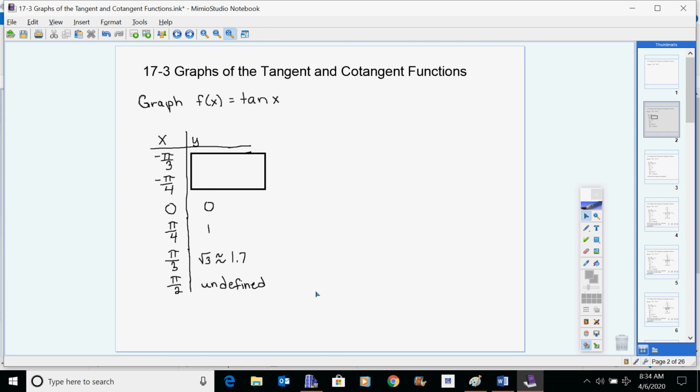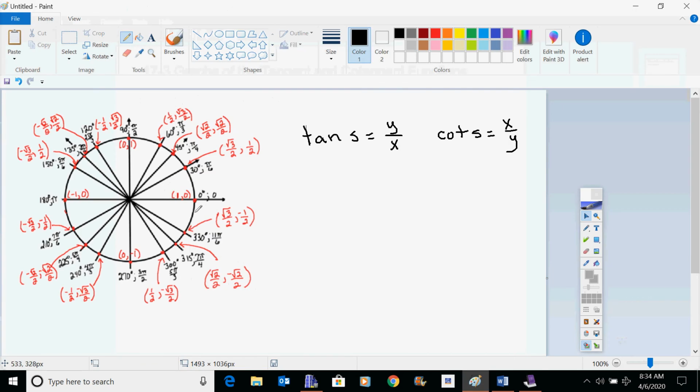Now, what about these negatives here? When you think about negatives on the unit circle, what we're thinking about is going backwards. So negative pi over 4 takes us to here. Negative pi over 4 would end up giving us a negative 1, because a negative of a number over itself gives you negative 1.